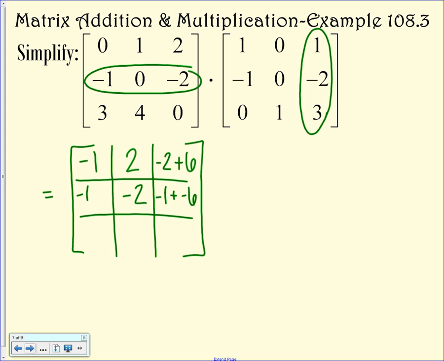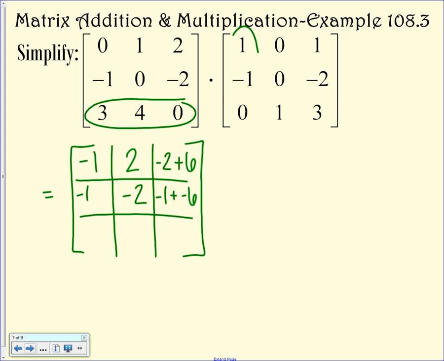Okay? Now we're going to go to our last row. And we're going to use the first column here. So I have 3 and negative 4, and then I have a 0. Then when I go to the next column, I have 0, 0, 0. And then I'm going to go to the last column.